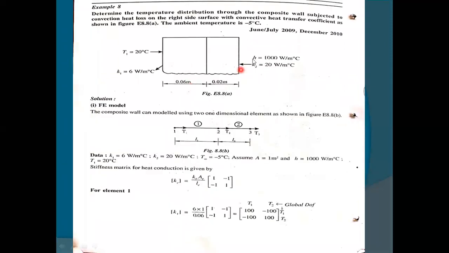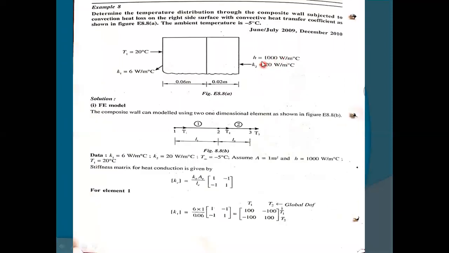So substitute A and H to calculate the K matrix based on convection. Then we calculate the force matrix. Since the ambient temperature acts at the last node only, the force matrix is AH T infinity times [0; 1].